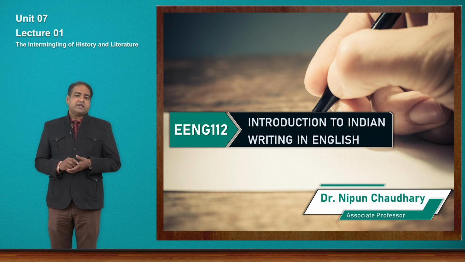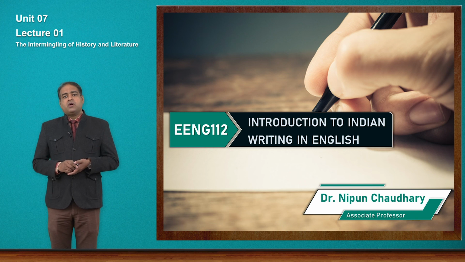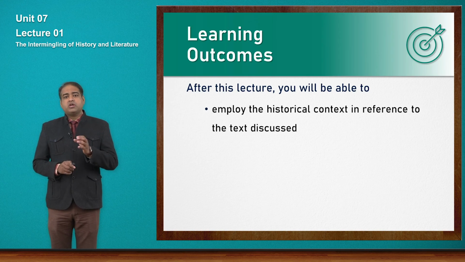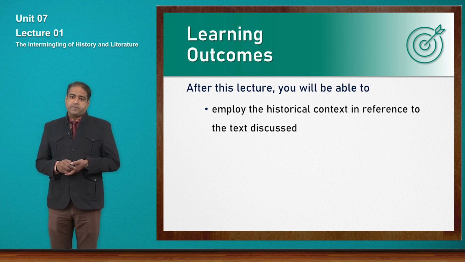The historical context will help you in understanding the depth of the text and the intensity of this historical incident. When we talk about the outcome of this lecture, what will you learn? How will you face and visualize the situation of partition?